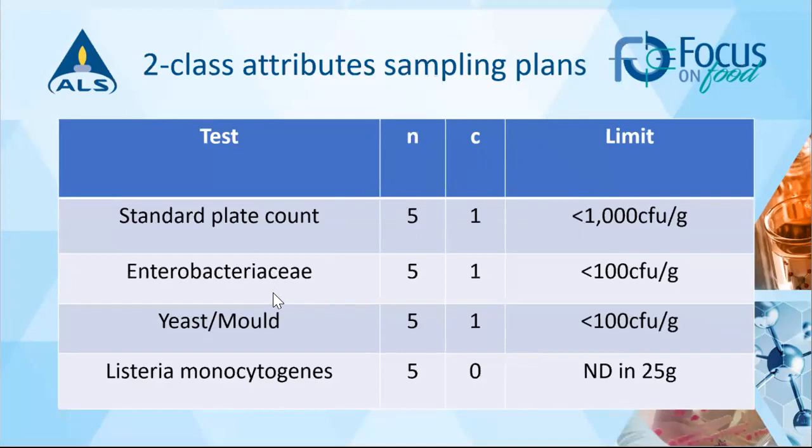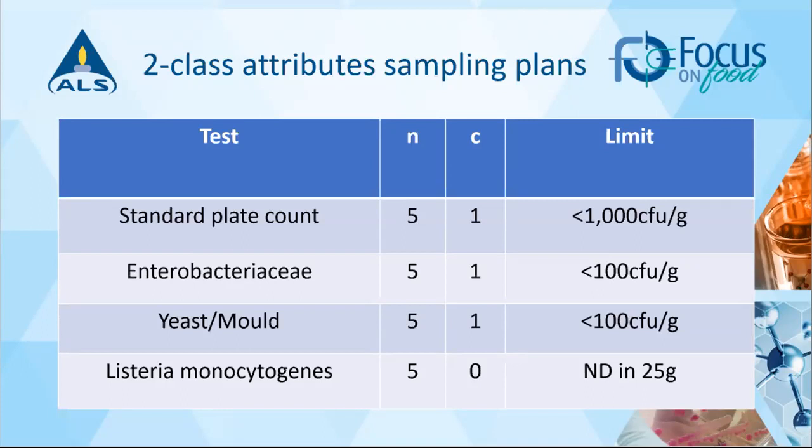And so on for Enterobacteriaceae, yeast and mold. With Listeria monocytogenes, the acceptance criteria in this case is not detected in 25 grams, and no samples are permitted to have a detection. So with 2-class sampling plans, the sample is either acceptable or not acceptable.